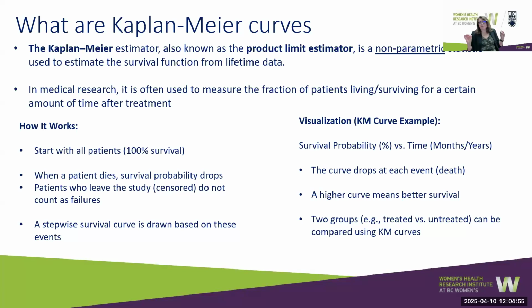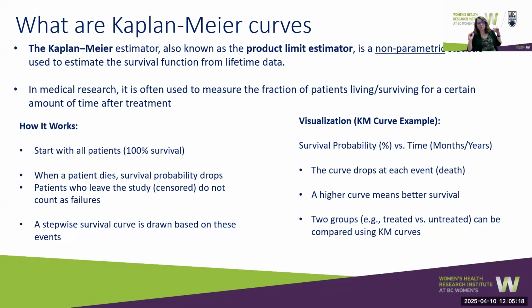Failed in this case means who died. If we're talking about a survival plot, because you can also use the Kaplan-Meier estimator to calculate cumulative incidence, but the mathematics behind it will be slightly different, so we're not going to go into it today.